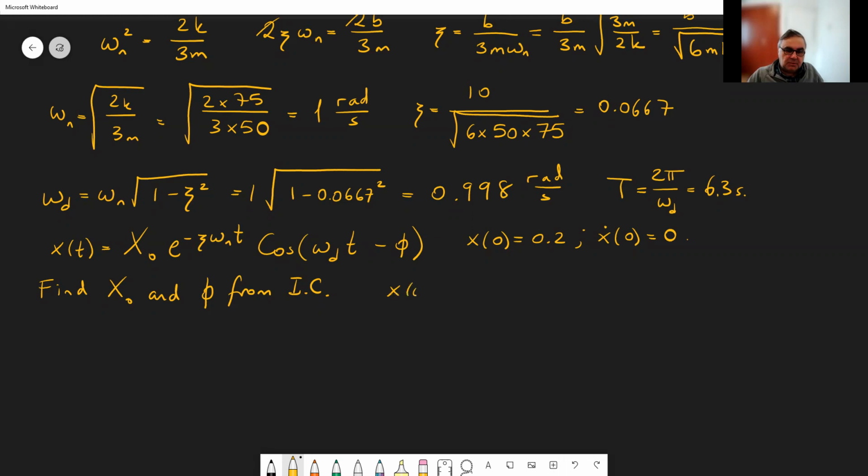So x of 0, which is 0.2, is equal to, if you substitute t equals 0, this becomes a 1, this becomes a 0, x0 cosine phi. Now we have to apply the initial condition to this thing.